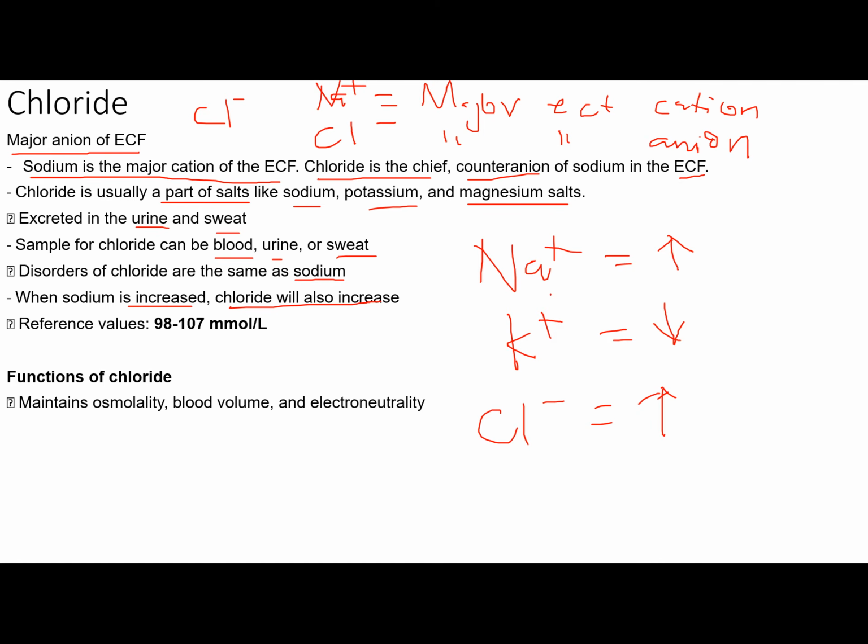So, let me repeat, the three commonly tested electrolytes in the lab are sodium, potassium, and chloride. Sodium and chloride are always the same. Only potassium is different, or the opposite. So, if sodium is high, chloride is also high, but potassium would be low. That's the usual result that you would encounter when you test the three.